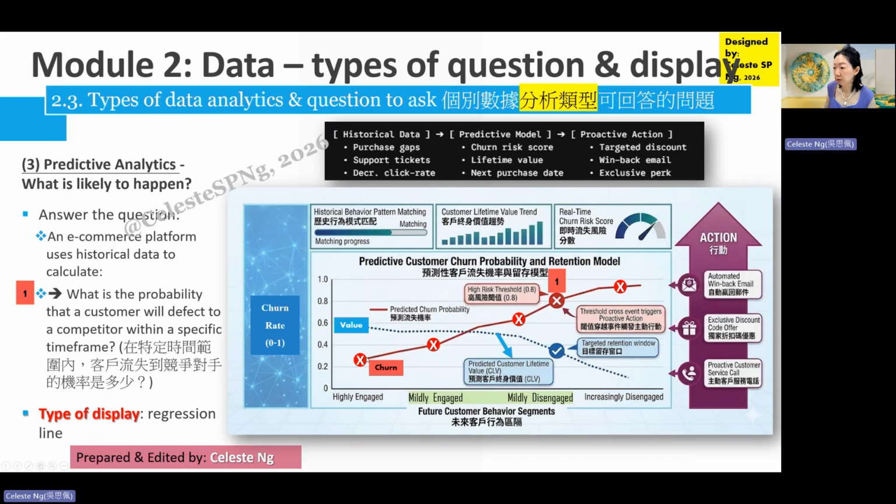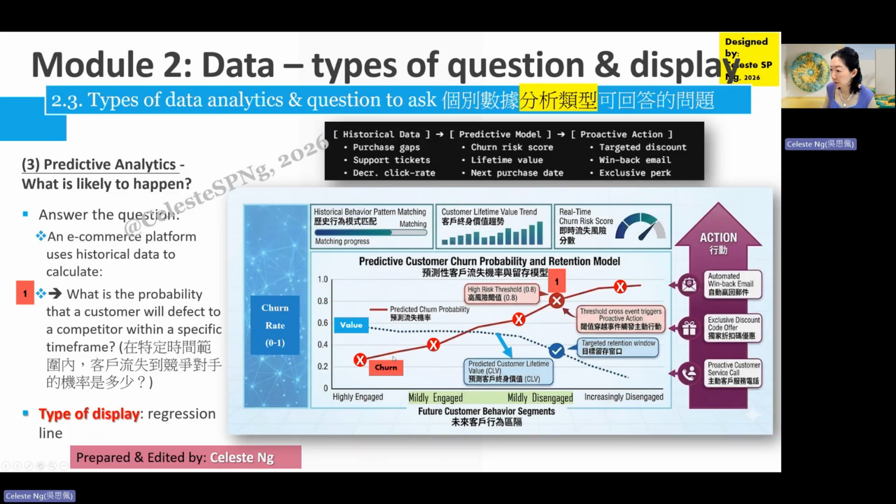What is its churn rate? For the highly engaged customer segment, of course, the churn rate will be relatively low compared to the increasingly disengaged customer segment.